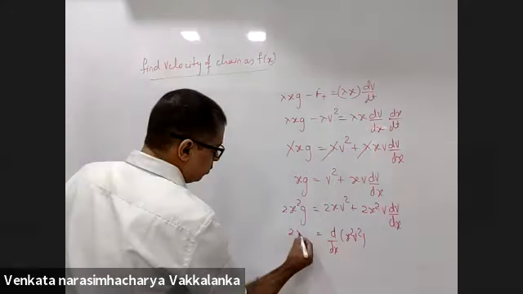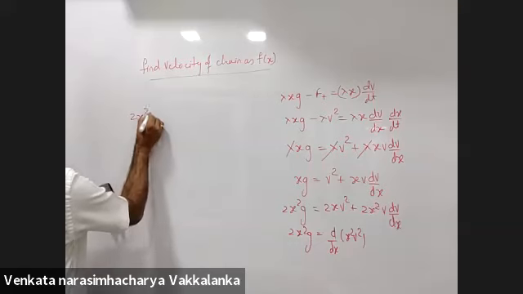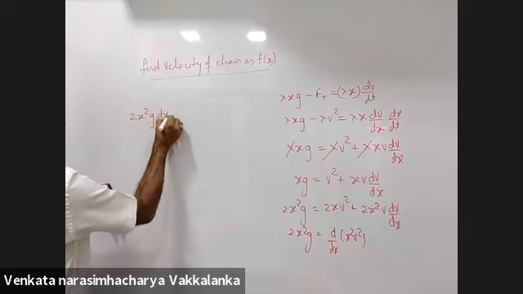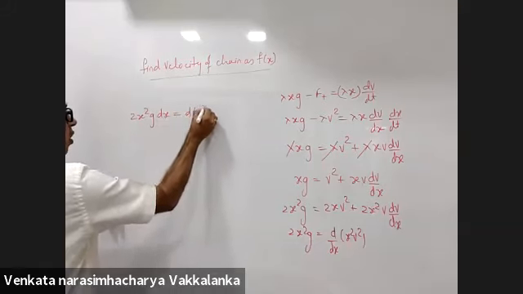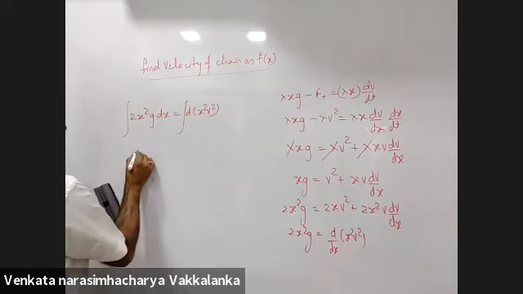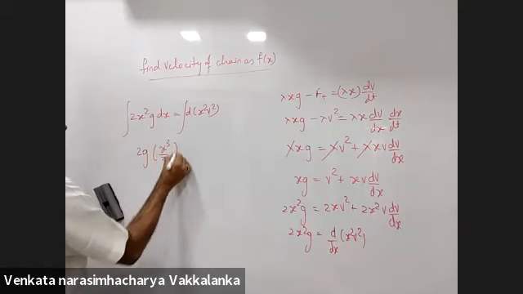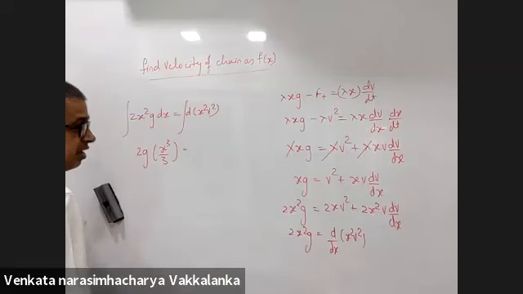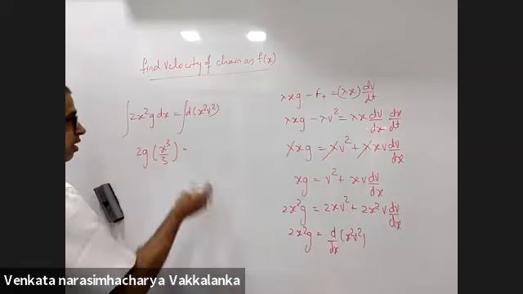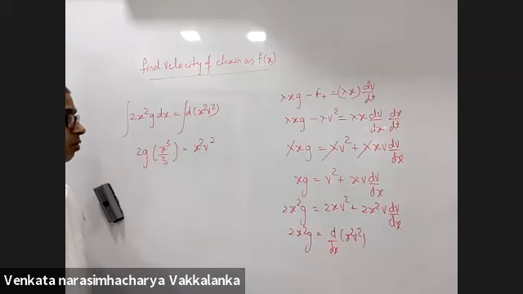This is equal to 2x square into g. 2x square into g into dx is d of x square v square. Integral of 2g x square dx is 2g x cube by 3. What is integral dx? x. Integral d of x square v square is x square v square.